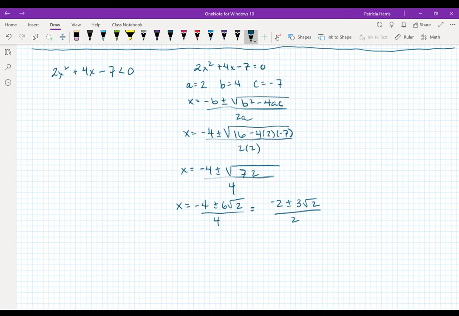Okay, now, when I put that on a number line, it really doesn't do me any good to have it in this form because I have really no sense of where this goes on the number line. So what I'm going to do is separate these and find a decimal approximation just to make my life a little bit easier.